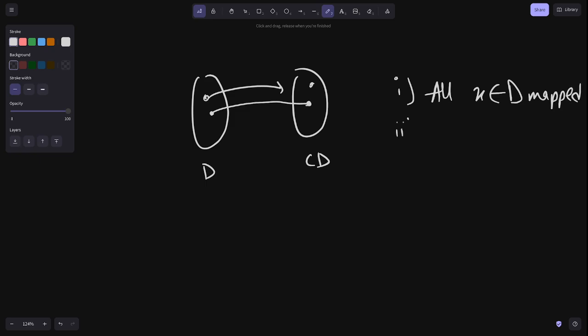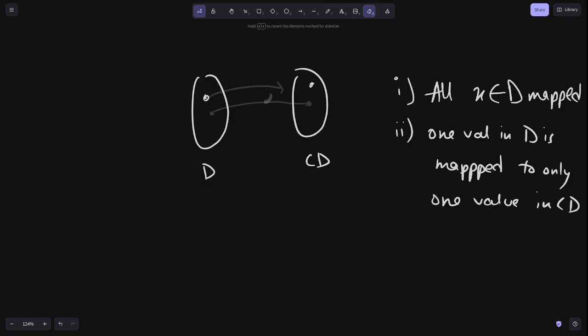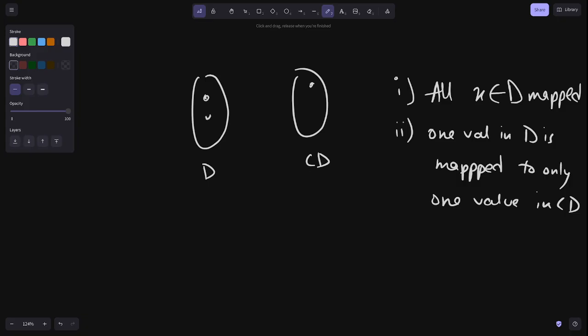The second thing is that one value in D is mapped to only one value in the codomain. So you cannot have a case like this ever in a function. Okay, you cannot do that. So only one value can be mapped to one value only.